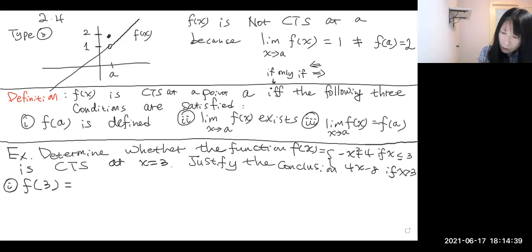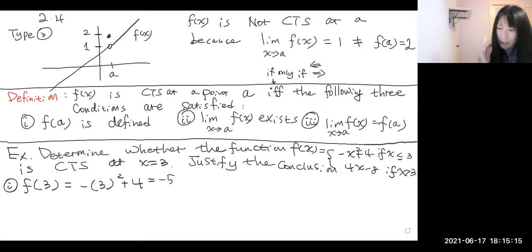So negative 3 squared plus 4. What do you get? Negative 5.